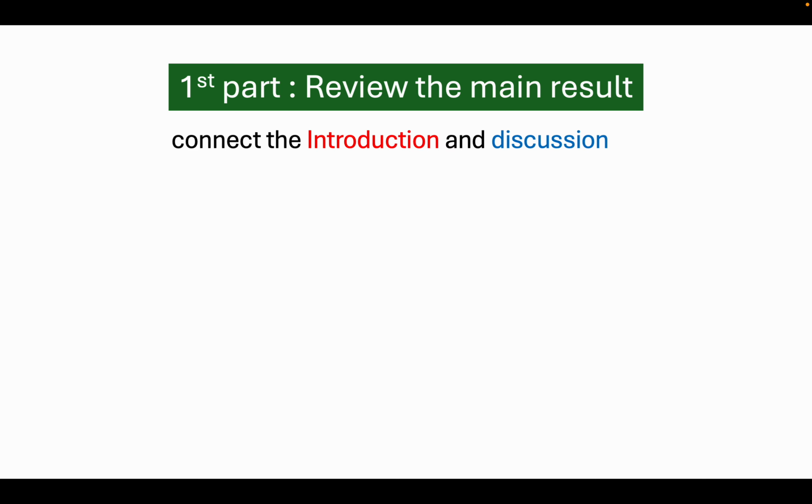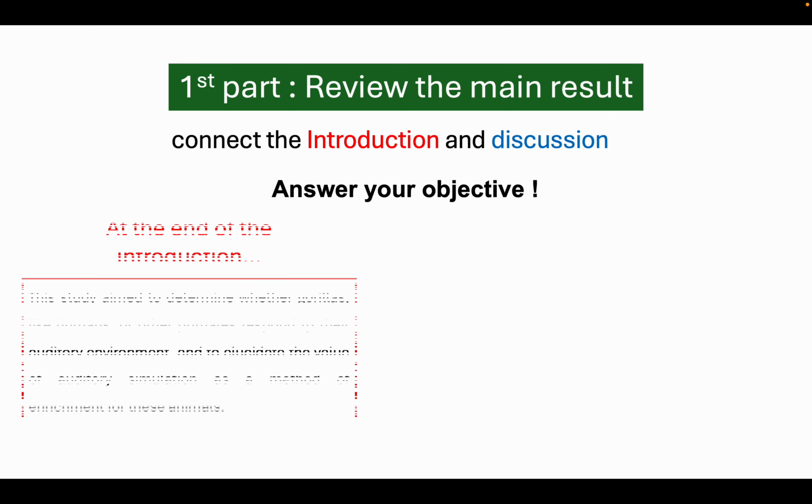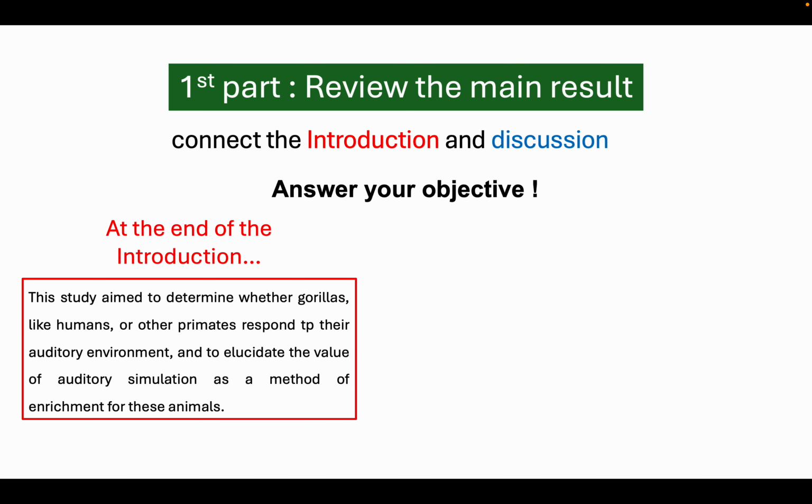To review the main results, we connect the introduction and the discussion. How we do that is by answering your objective. So you might have learned that at the end of your introduction, you have to write all the objectives or your aim of your study.